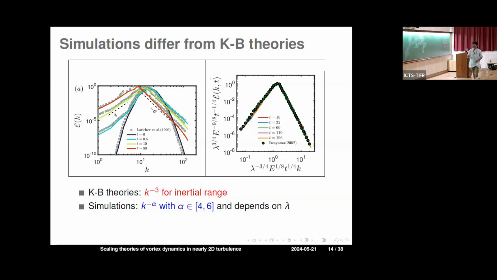So basically, KB theory says k^(-3), but typical simulations show an exponent of 4 to 6 in the inertial range of this direct enstrophy cascade for the energy.